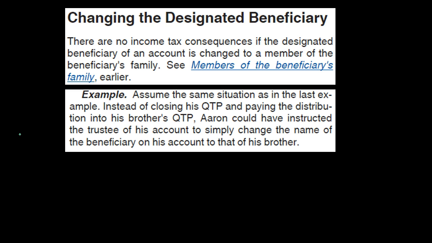Would you just take the QTP that is allocated to me, for which I have no more benefit because I have no more education, keep the $5,000 that's currently in it, and just change the name of the recipient from me, Aaron, to my brother. In that way you don't have to do the rollover, because of course now the beneficiary has just changed.